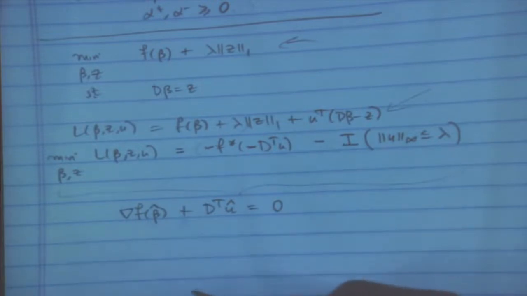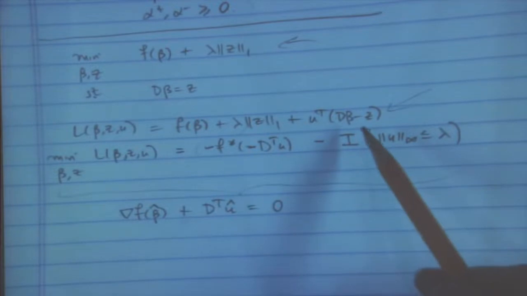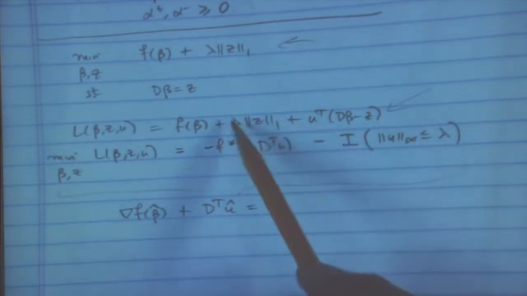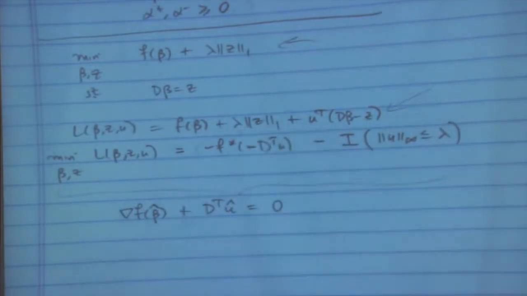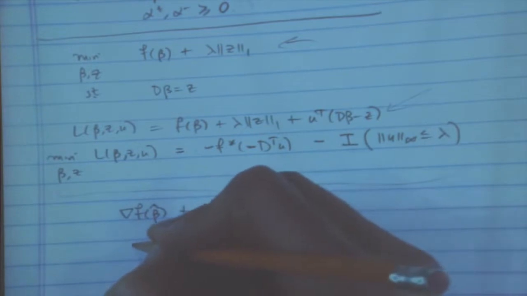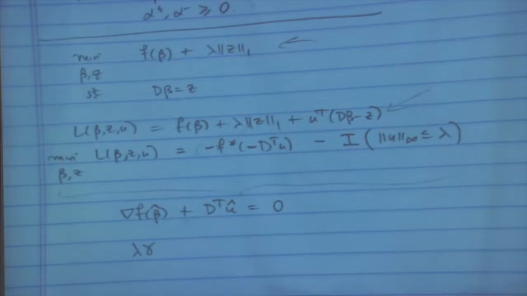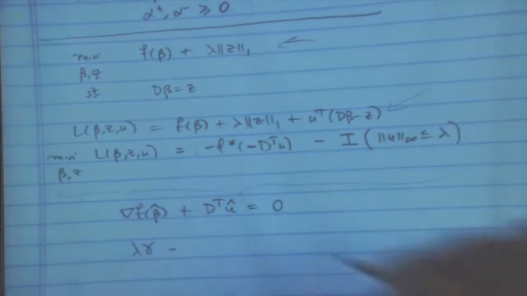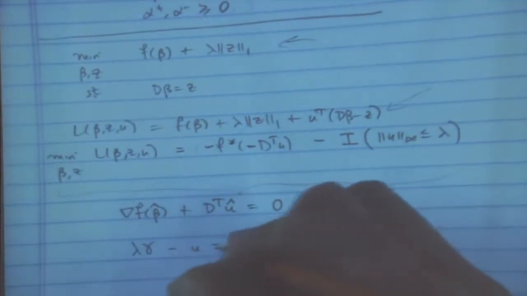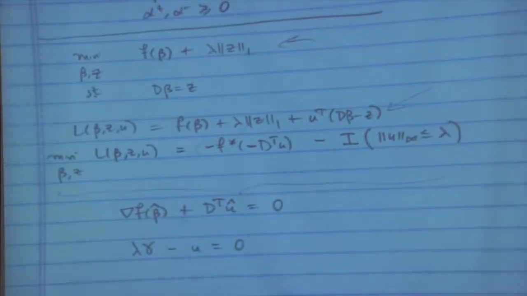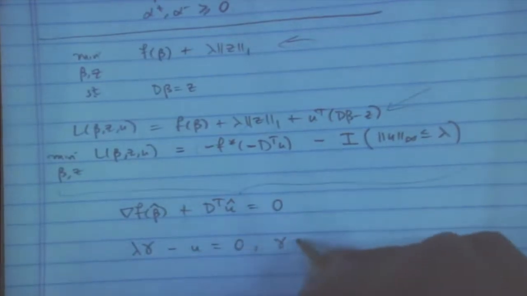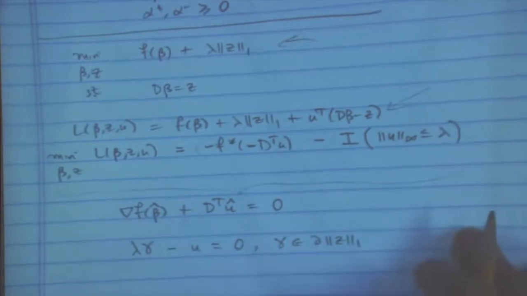The second relationship comes out of taking a subgradient with respect to z, right? Because the Lagrangian is non-smooth with respect to z. And when we do that, we see that we should have lambda times gamma, say that's a subgradient of the L1 norm with respect to z, minus u is equal to 0. And where gamma is a subgradient of the L1 norm evaluated at z.